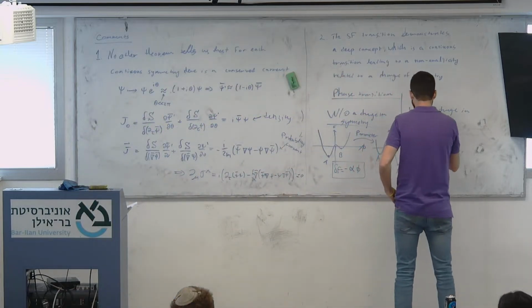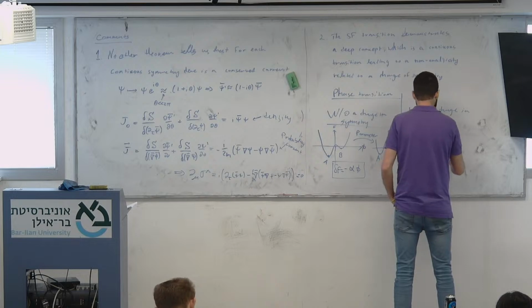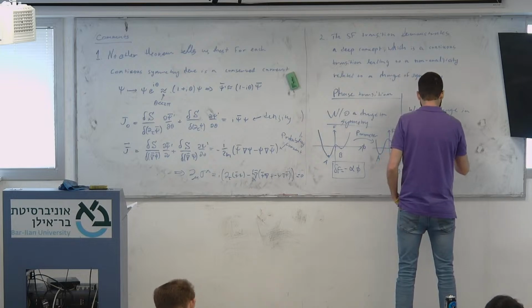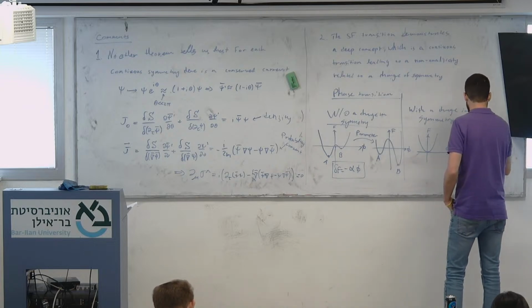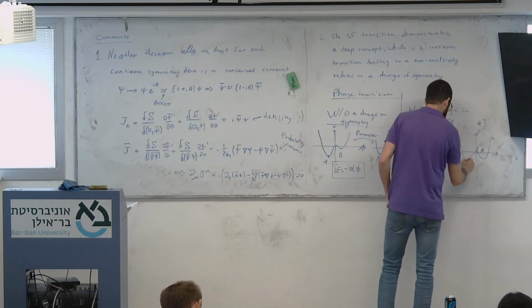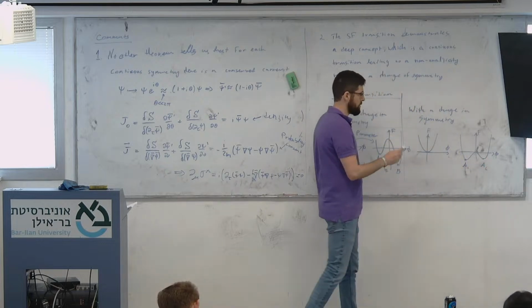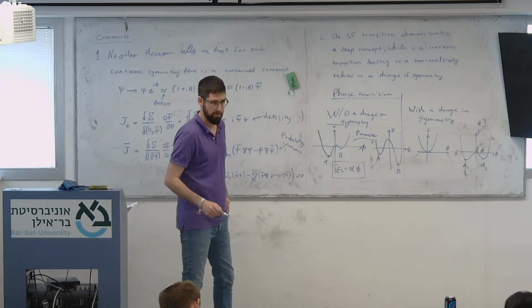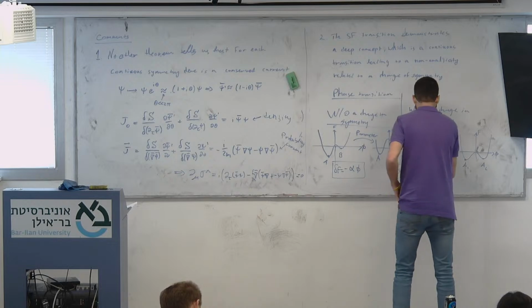On the other hand, here, the simplest case with symmetry is something like this, like we saw. So this is A1, and this is A2, and they're symmetric. This is what we had, and this is basically 0.